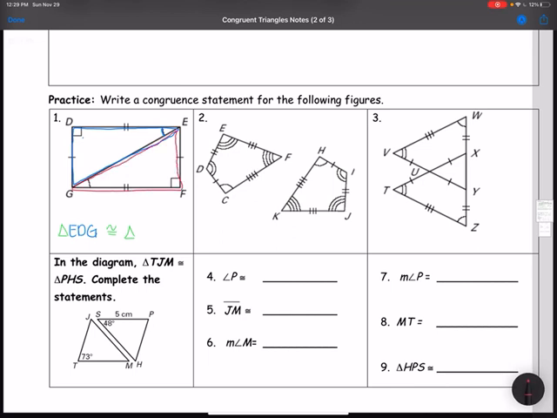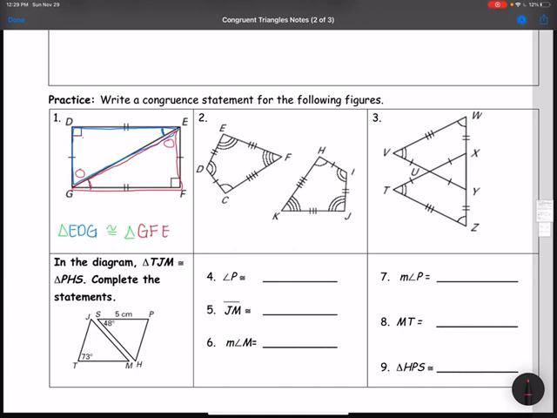So we said E has 1 arc mark, and down here G does, so G is going to come first. D had the 90 degrees, and so does F. And then G in our blue triangle was unmarked. The unmarked angle in the red triangle is E.